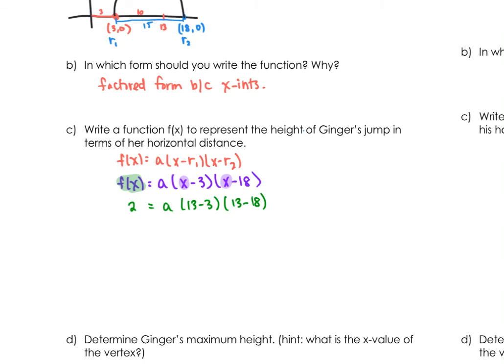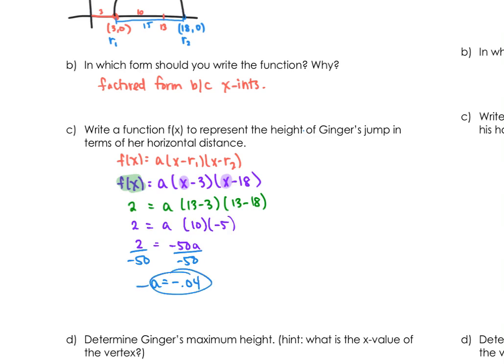Simplifying things here, we get 2 equals a, 13 minus 3 is 10, 13 minus 18 is negative 5, and then we multiply. 10 times negative 5, that's negative 50a. To solve, divide both sides by negative 50, and you get a is negative 0.04.